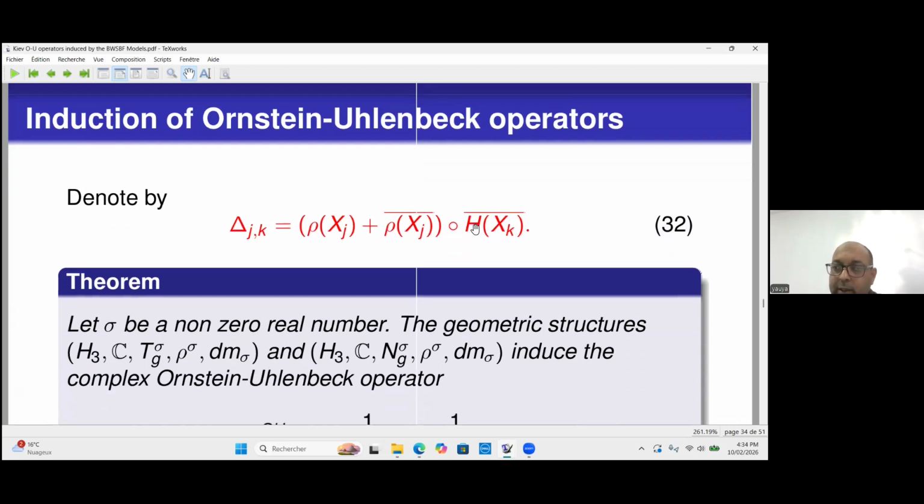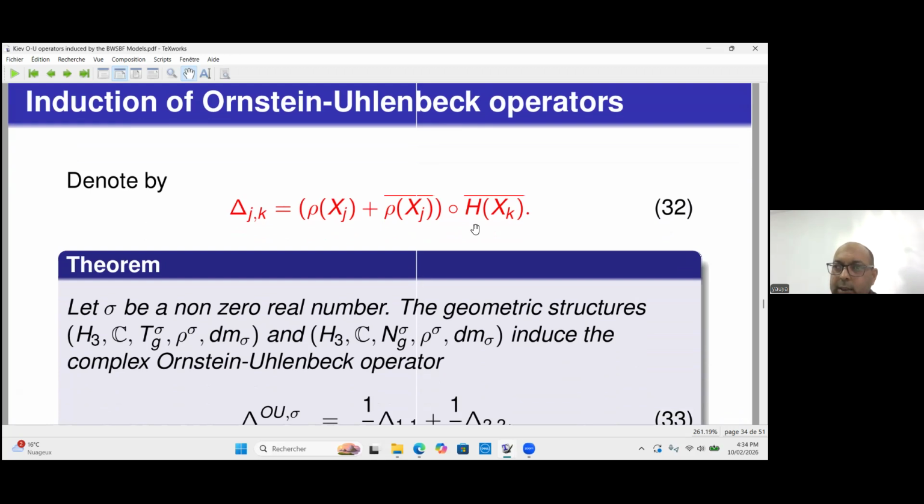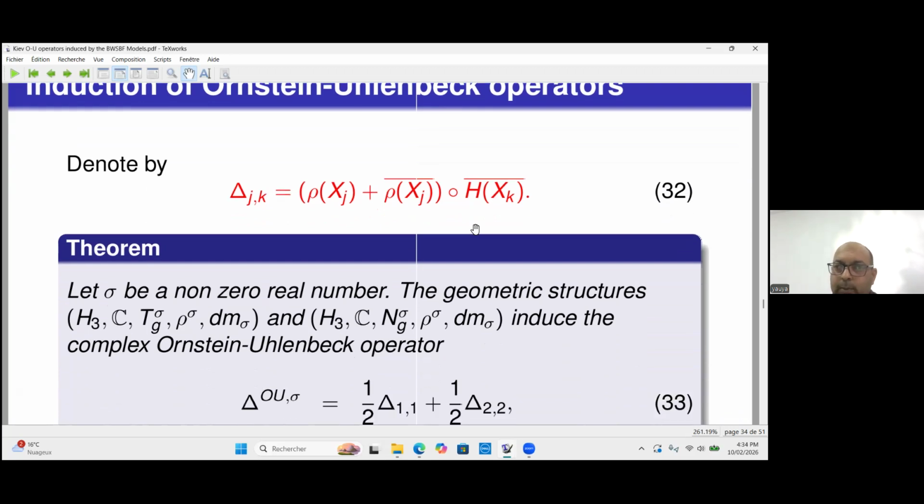The same thing for delta 2. For delta 3 it is equal to 0, because we haven't this derivation h_k.